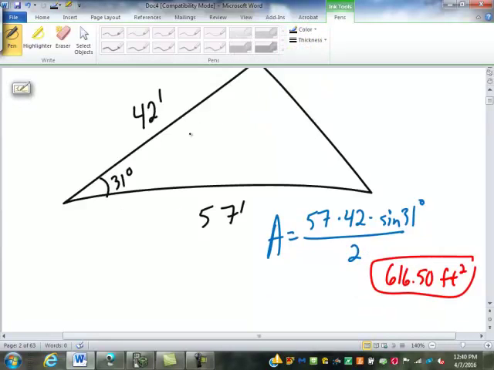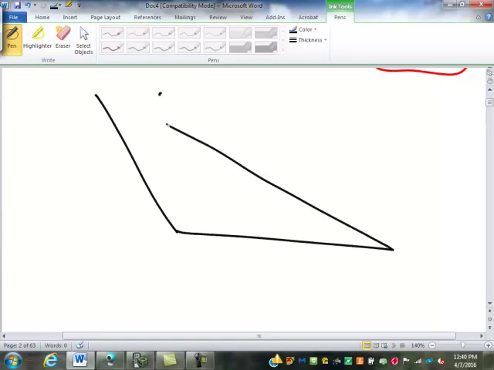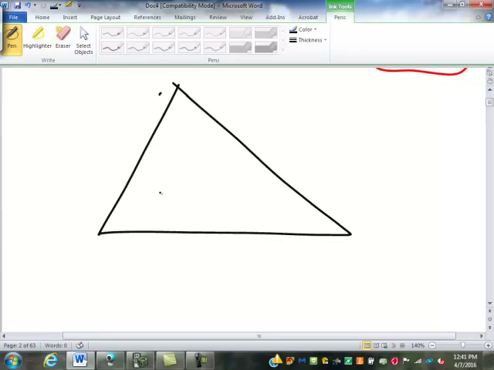That works? I'm going to have you guys try some here. Find the area of that one quick in your notes.